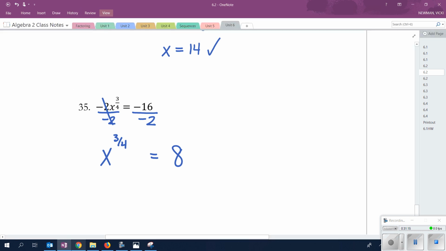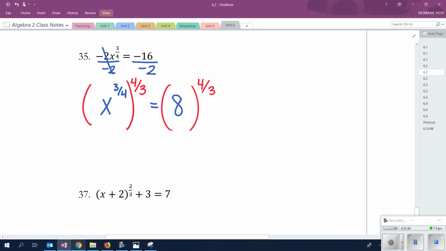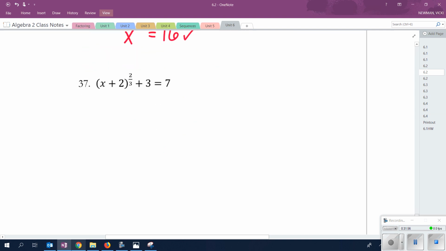Reciprocal exponent of what? 4/3. These two things get multiplied and make 1. And 8 to the 4/3 is 16. So check it in your calculator. -2, parentheses 16 to the 3/4. Does it check? Ding, ding, ding, ding, ding. Yeah? Okay.